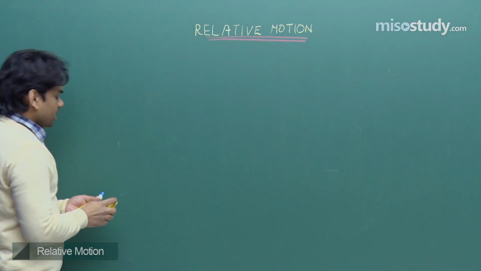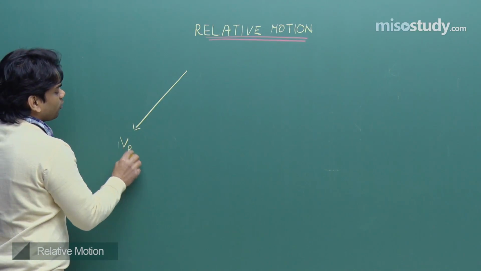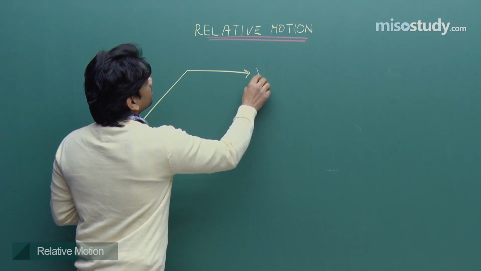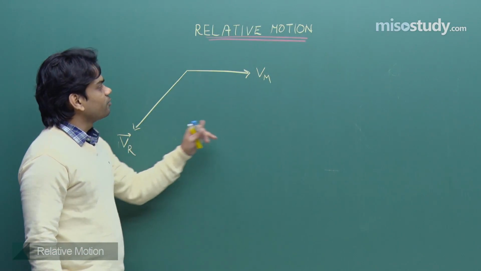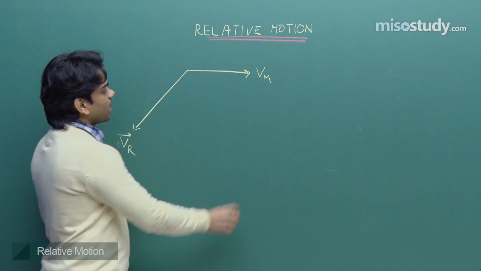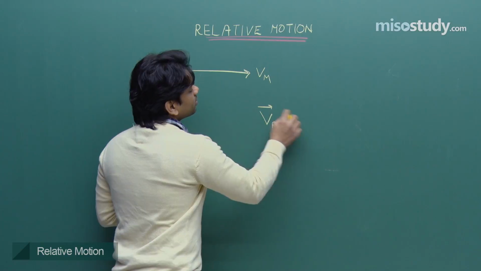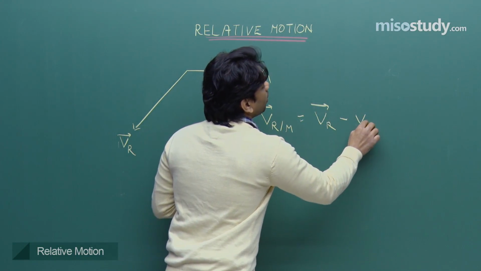Now see, actually the rain was falling in this direction. This is the velocity of rain. Let us say you moved along this direction. This is the velocity of man. Now velocity of rain with respect to man is given by the equation, as I have already taught you in the previous class: Vr/m equals velocity of rain minus velocity of man.